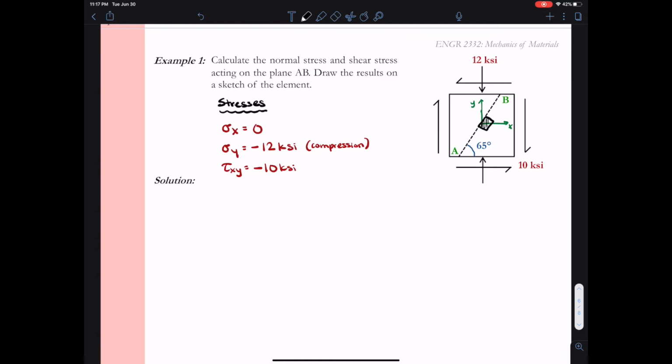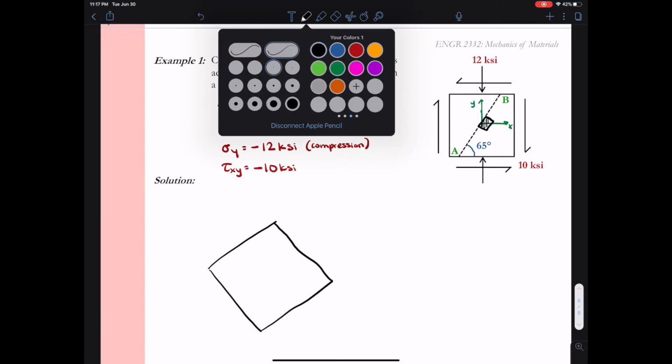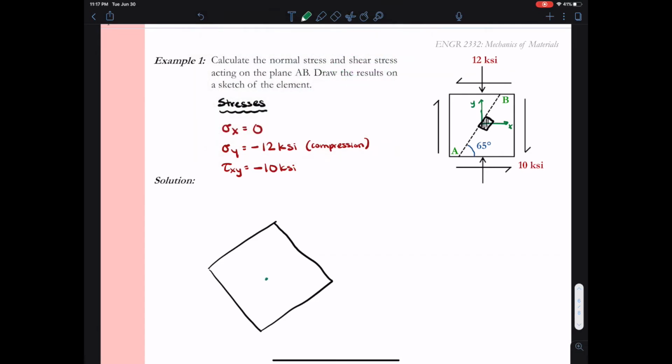Now the question is asking for the normal stress and shear stress along this plane AB. So I sketched the little shaded block in there in my picture, and now I want to enlarge that block. Alright, so again I'm going to include my original XY coordinate system.